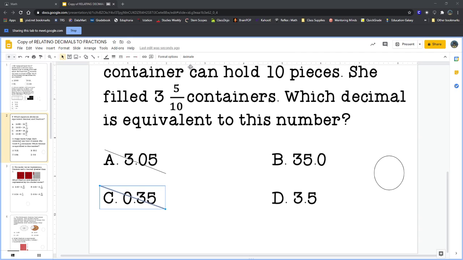So Ezekiel, what number should be after my decimal? 3.5. 3.5 would match my fraction. Since 5 is my numerator, 5 needs to be after the decimal. If I look at answer choice B, they put the 5 in front of the decimal, not where it belongs.